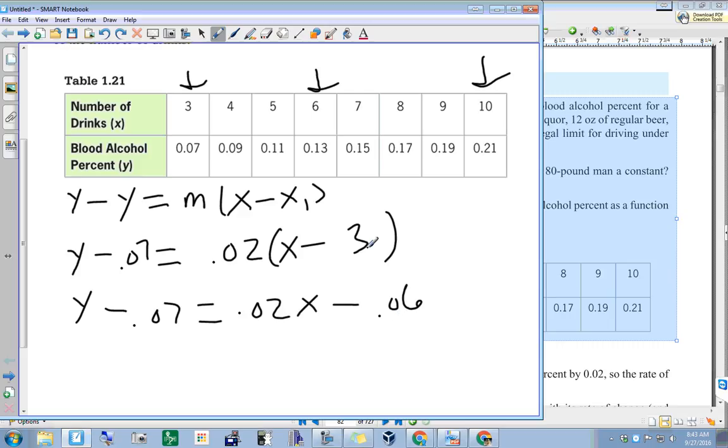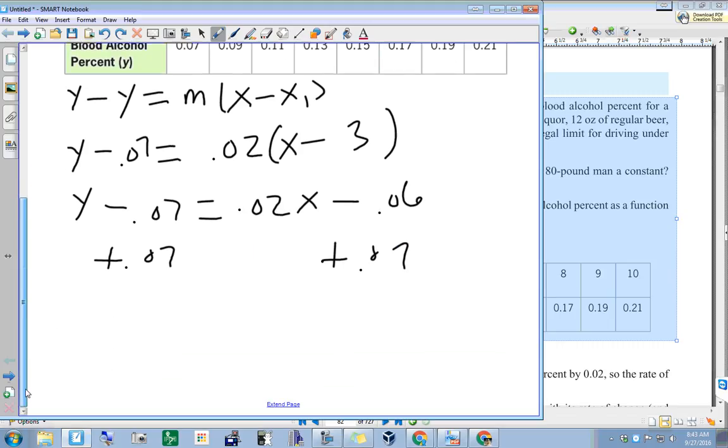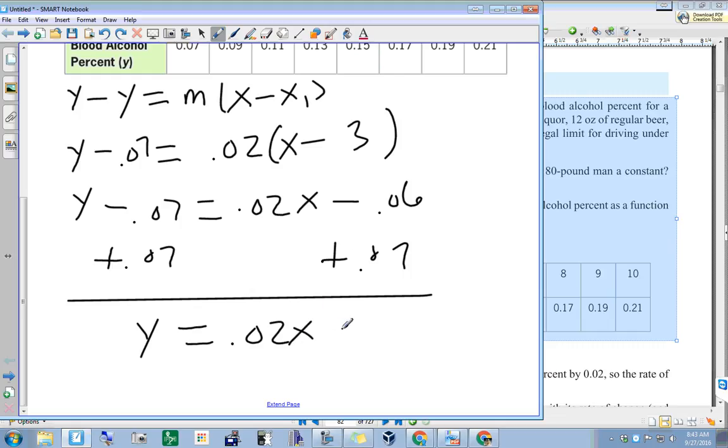After all, it means 3 of those, right? Add your 0.07. And we end up with y is equal to 0.02x plus 0.01. Does that make sense?